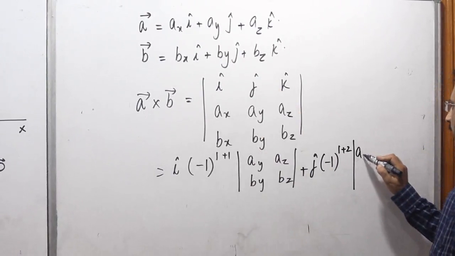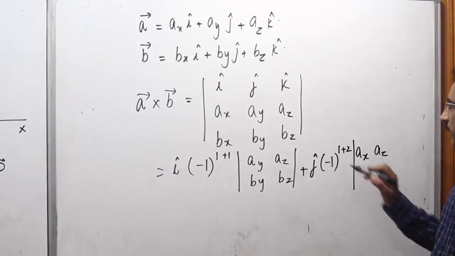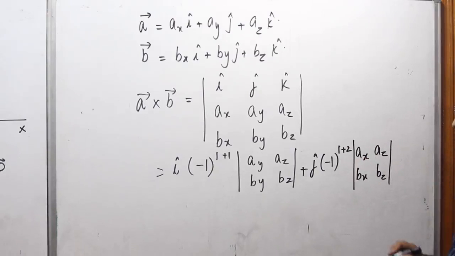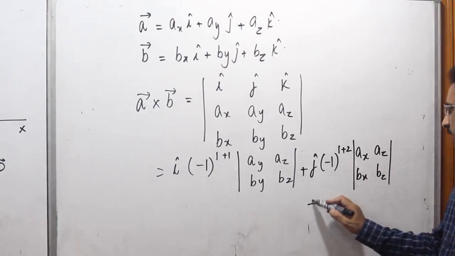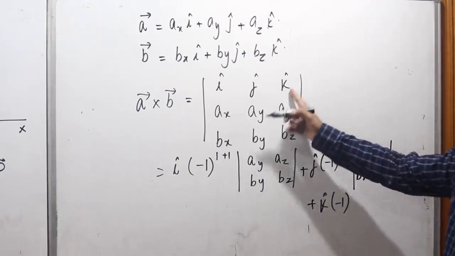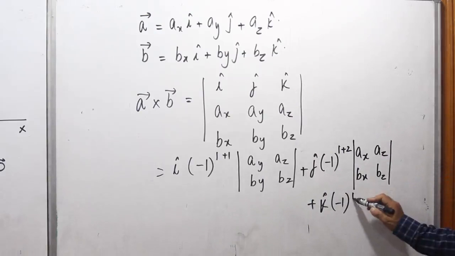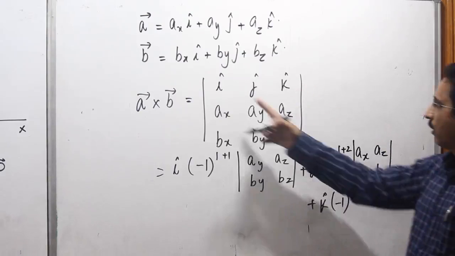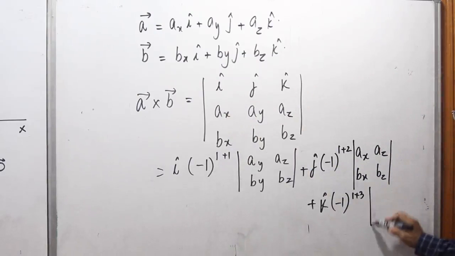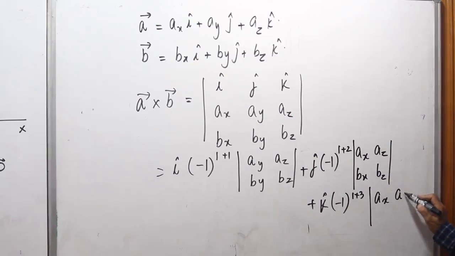That is AX, AZ, then BX, BZ. Then we have the third element, plus K cap, minus 1 raised to the power first row, third column, 1 plus 3. Cut the column, cut the row. So this gives you AX, AY, then BX, BY.